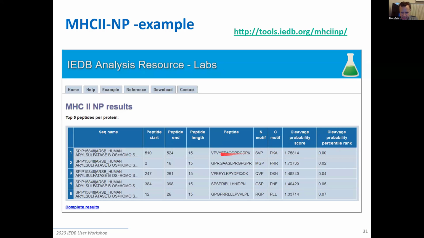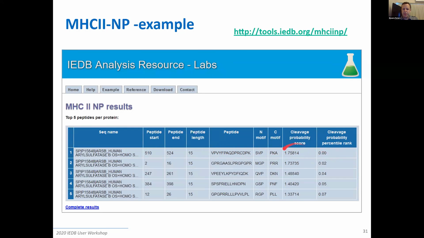So it's S, cleavage, VP, and PK, cleavage, A. So that's kind of like the surrounding motif around where the cleavage is being made. So you see that it includes residues outside of the peptide itself.